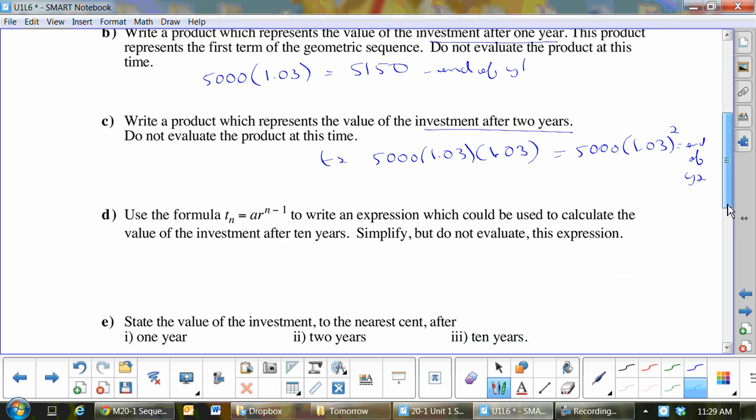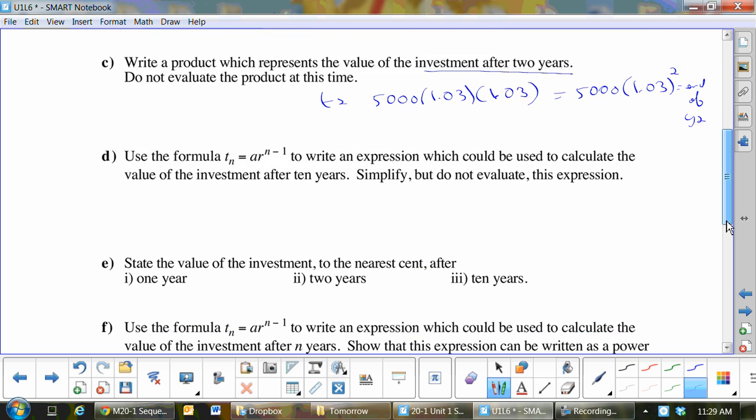Now, I just want you to think about it. Do you see how here, term 2, the exponent is also a 2?